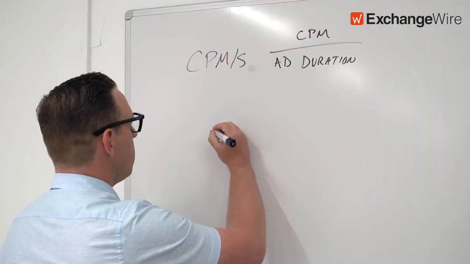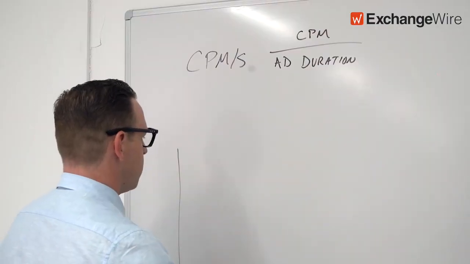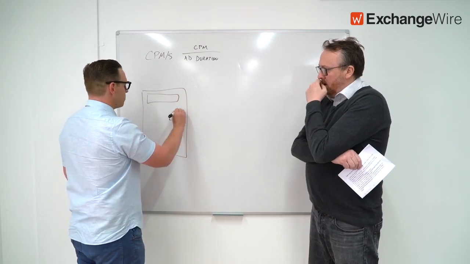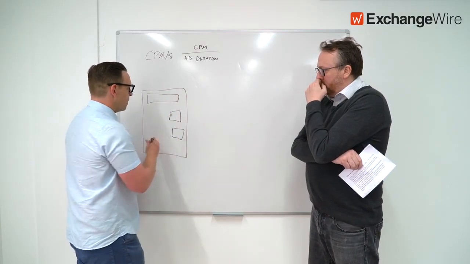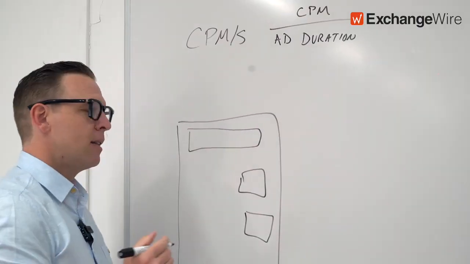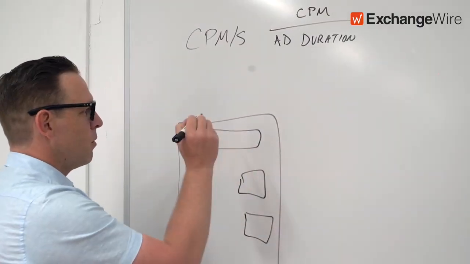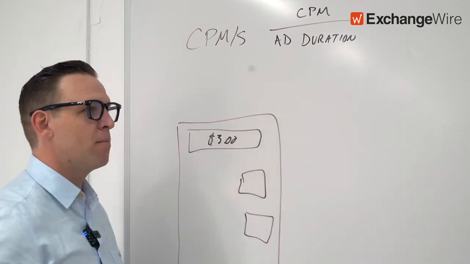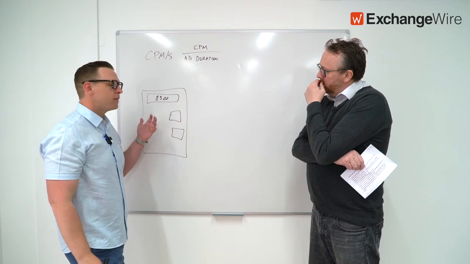So when you look at a desktop website, you might have a 728 by 90, some 300 by 250s, et cetera, and this isn't necessarily time-based. This is point in time, what price do you want for this 728 by 90? What do you want for this 300 by 250?